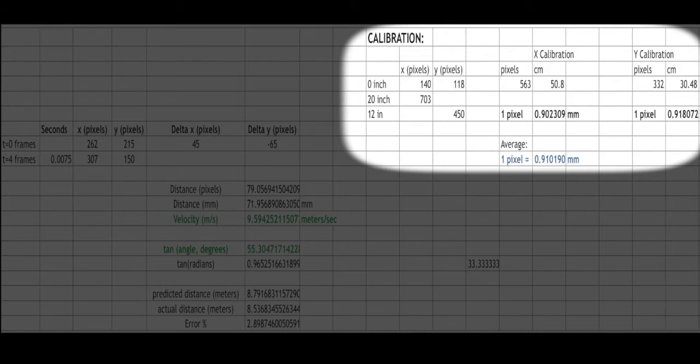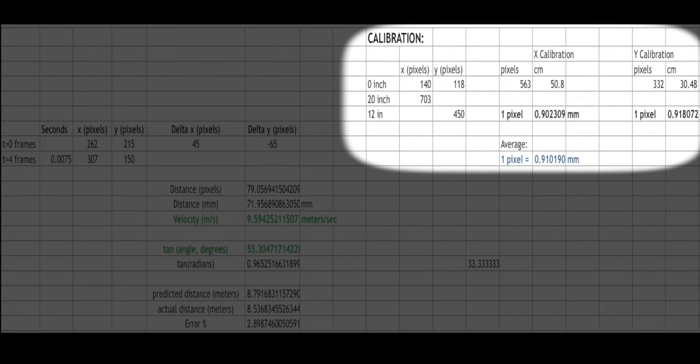Now, for the calibration, we figure out how many pixels these actually are in the real world. At the 0-inch mark, it said 140 pixels. At the 20-inch mark, it said 703 pixels. And at the 0-inch mark for y, it said 118, and for the 12-inch mark, it said 450. So therefore, in the x calibration, 563 pixels was 50.8 centimeters, meaning 1 pixel was 0.902309 millimeters.